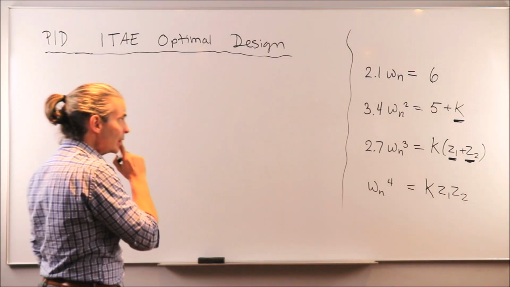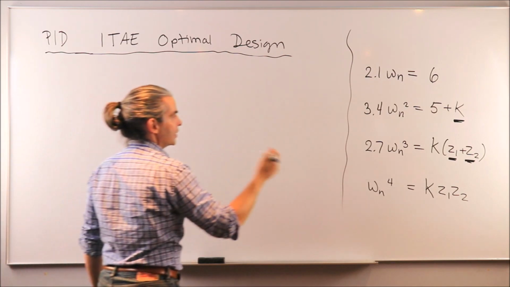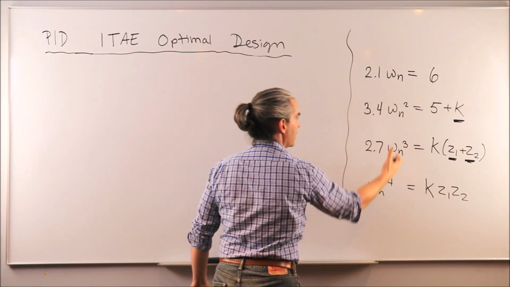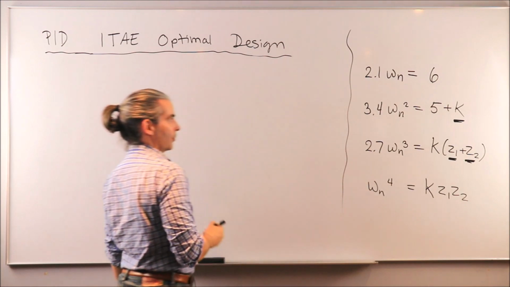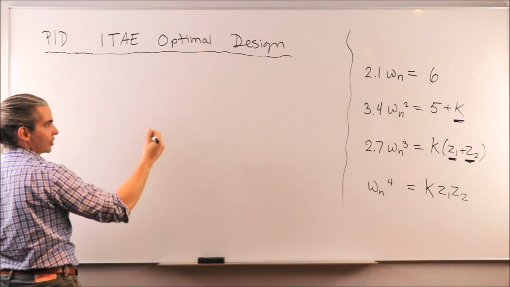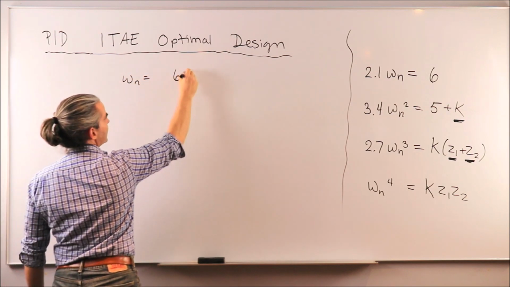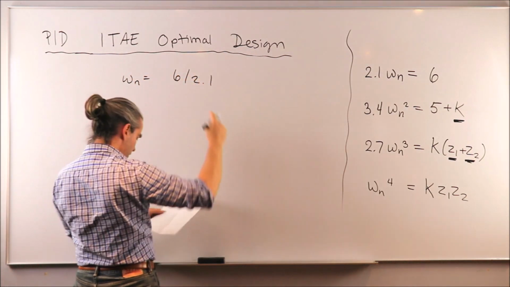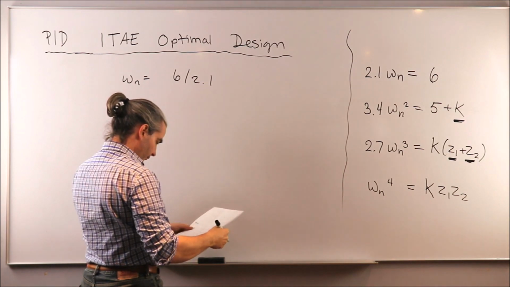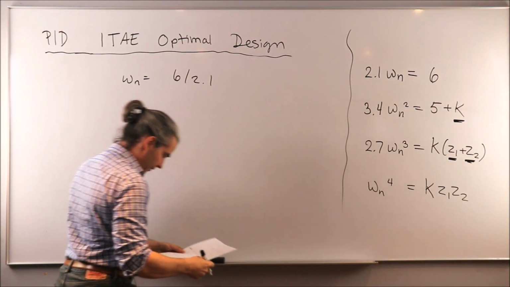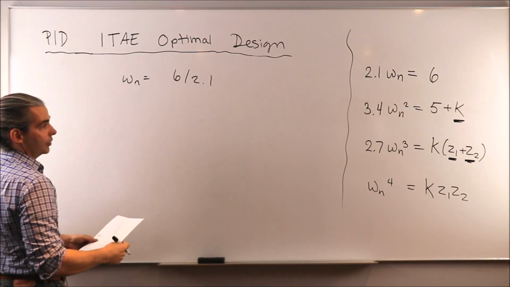All right? So first things first, everything is a function of omega n on the left-hand side of those 4 equations. So the first thing I want to do is solve for omega n, which is simply going to be 6 over 2.1. I don't have the numerical value for that, but that's fine. We know how to do it.